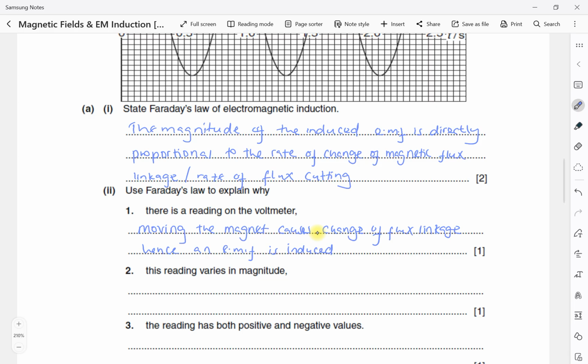Use Faraday's law to explain why the reading varies in magnitude. Of course, the rate of cutting changes. As an object oscillates, its speed changes. The speed is always maximum when the object is passing equilibrium. Therefore, the rate of cutting also changes.